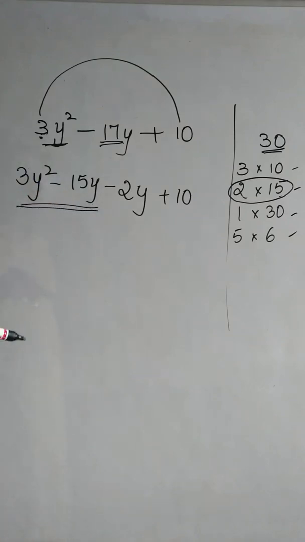In these two terms, 3 and y can be taken common. So we write 3y here. When you take 3y, we are left with 1y. So we write that 1y minus, and here 5 will be common.